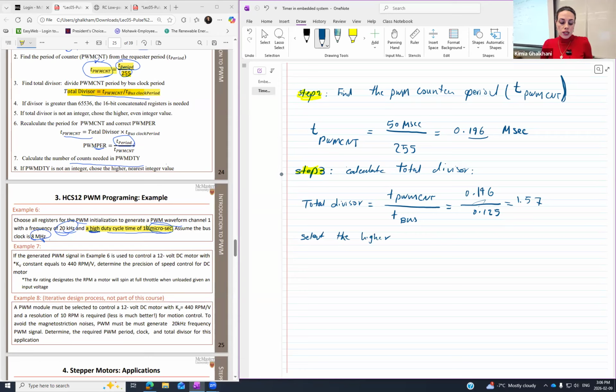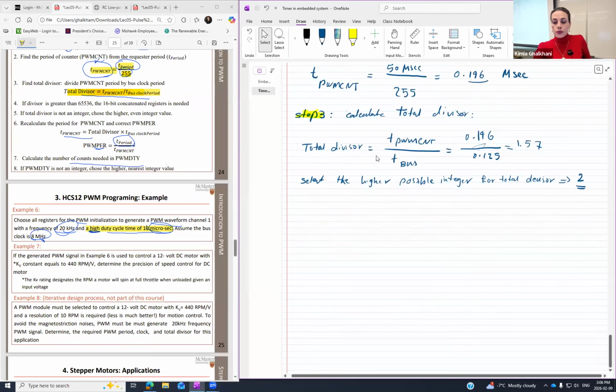We have to choose the higher or the highest possible integer for total divisor. Since we do not have one with a decimal point, I have to round it up, and I'm going to consider 2. Makes sense so far?